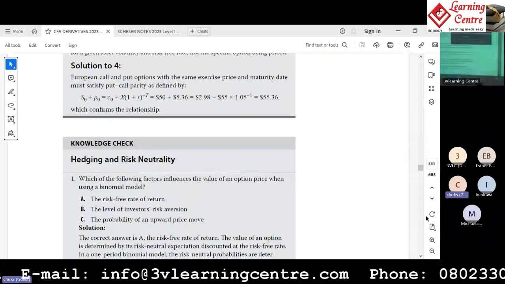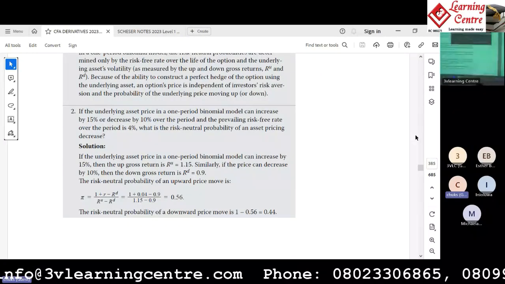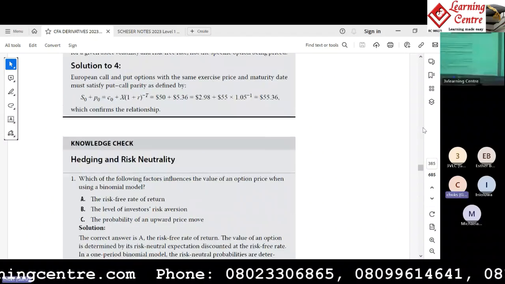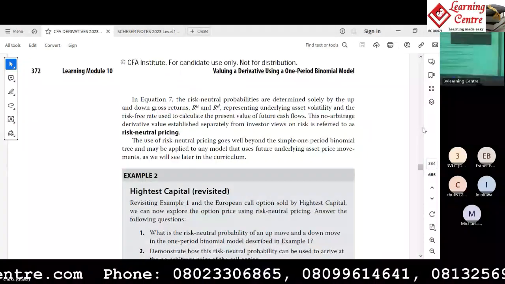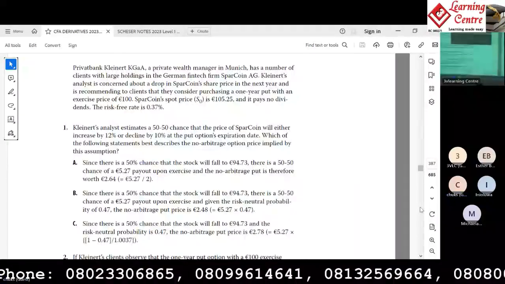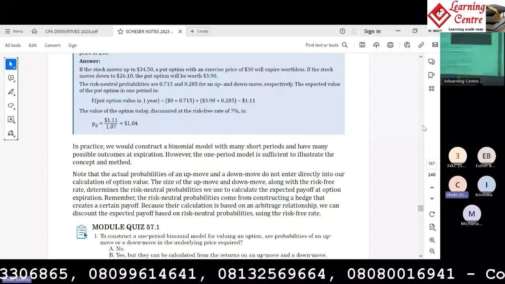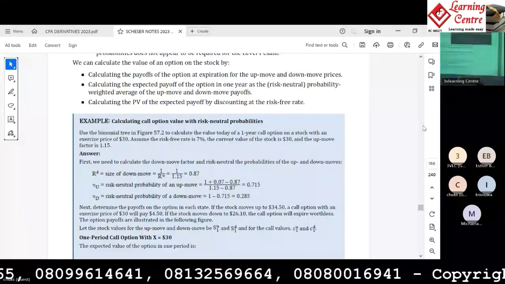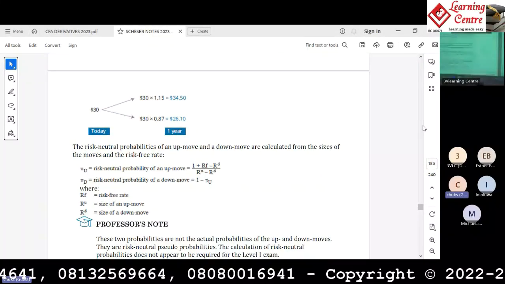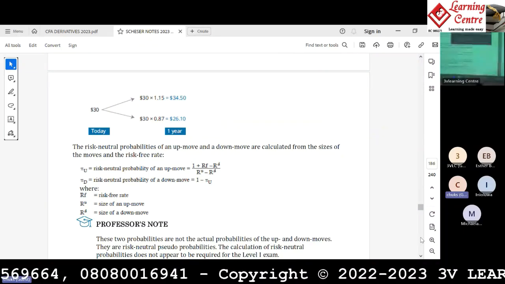I just want to get it exactly how we said. Yes, 1 plus RF minus the RD divided by RU minus RD.